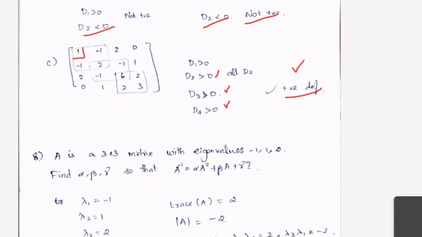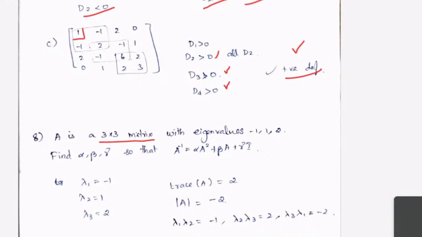Next, one more sum. A is a 3 by 3 matrix with eigenvalues -1, 1, and 2. Find alpha, beta, gamma so that A inverse is equal to alpha A square plus beta A plus gamma I. So, here eigenvalues are given and we have to find A inverse in terms of A. First of all, let us find the characteristic equation.